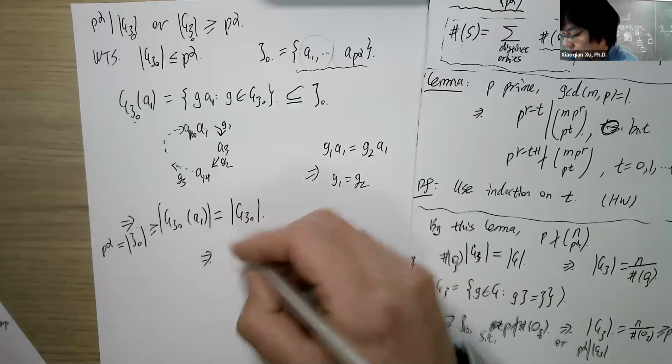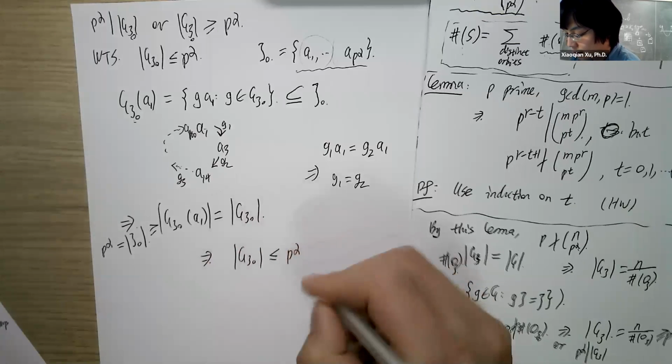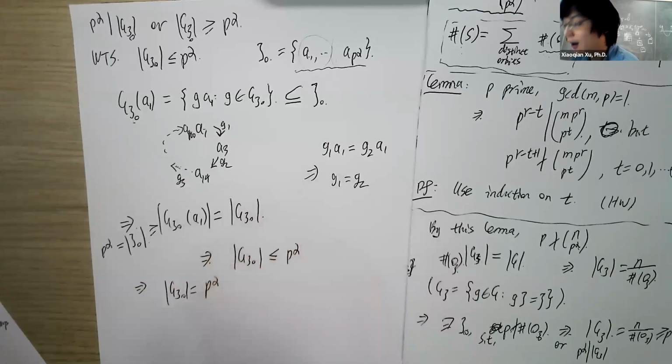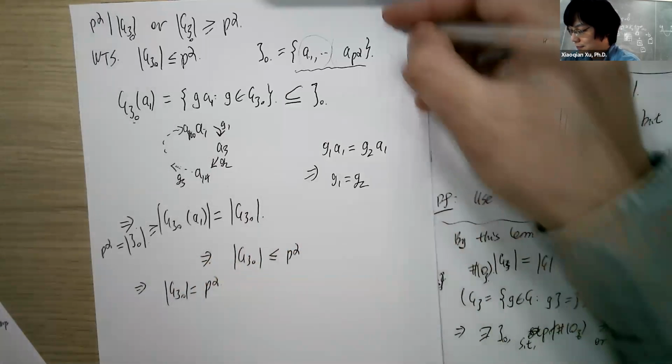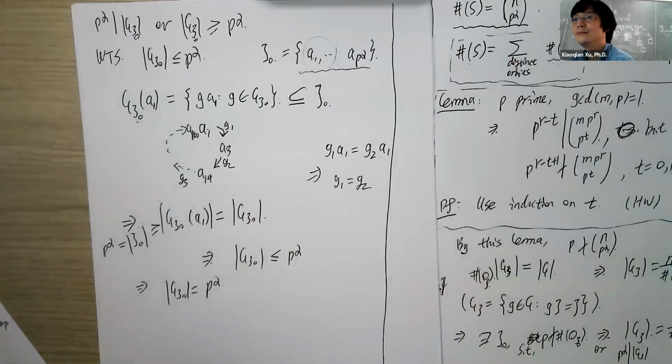So GC0 has P to the alpha elements. So we have finished the proof.